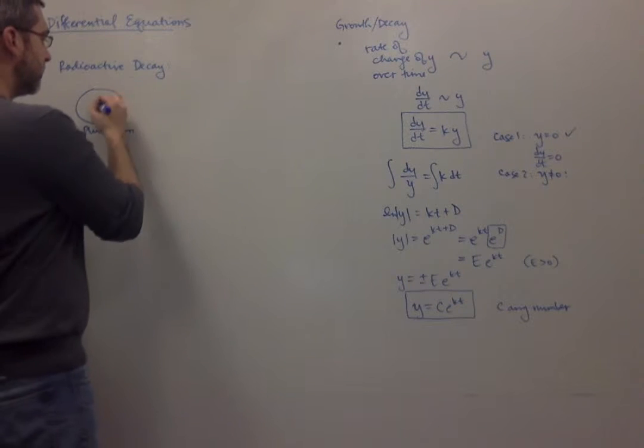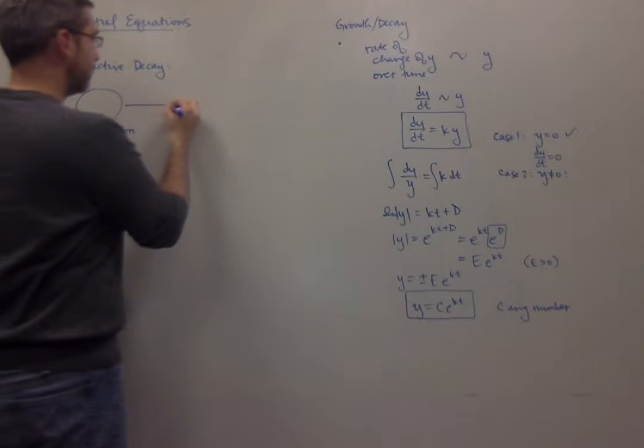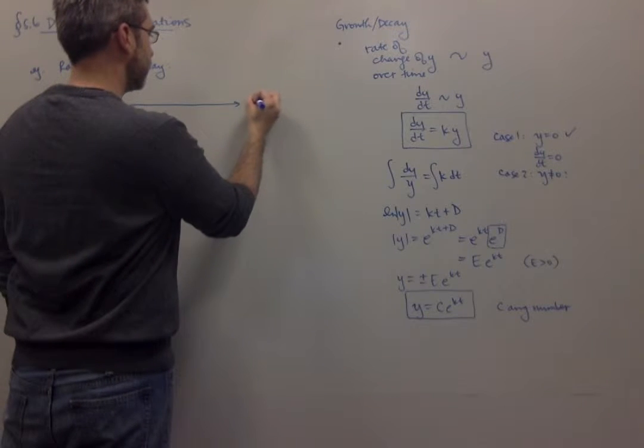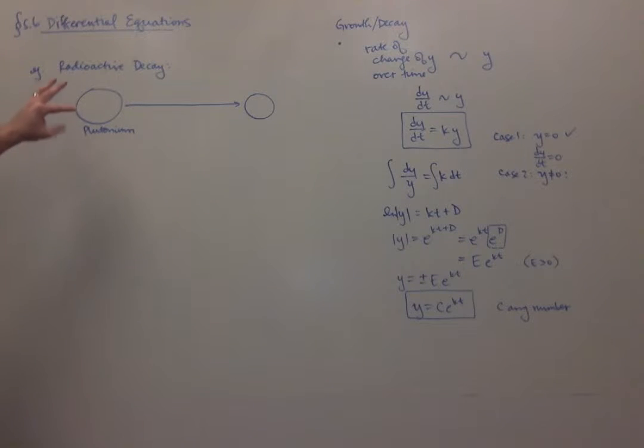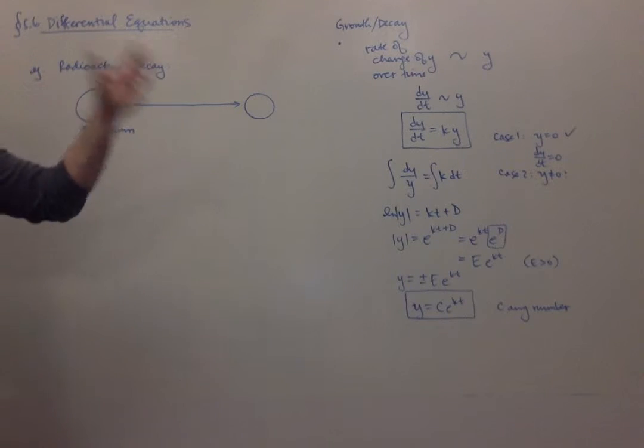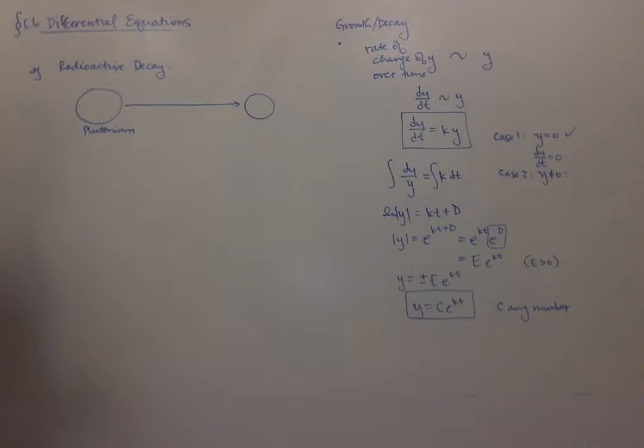And if I have some amount of plutonium and just let it sit, then over time it ends up shrinking. I end up getting less plutonium. The plutonium changes into some other element, but it changes over a slow period of time. And it's radioactive because it emits certain particles.